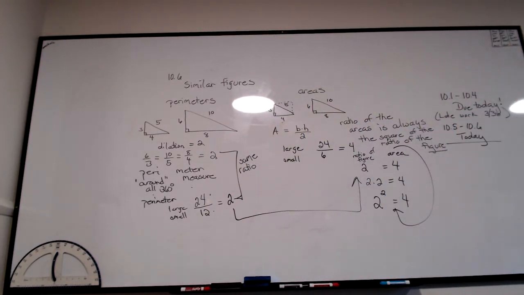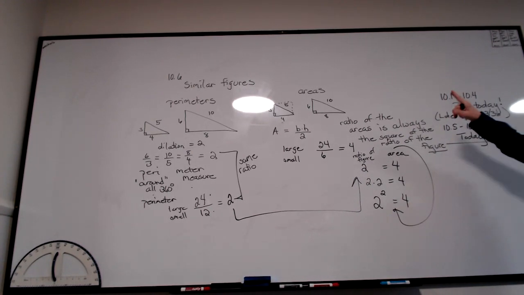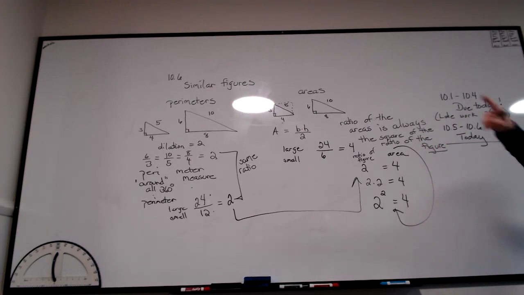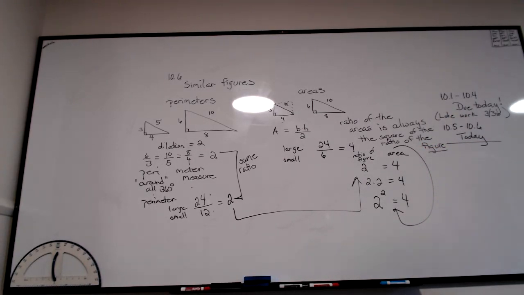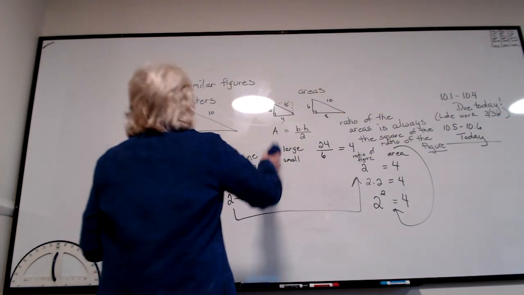We're trying to find out how many little squares are inside. When we make the size bigger, we're going to actually have to square that. So that's why the ratio is always squared. So the areas of similar figures are always the square of the ratio of the original figures. Okay? So that's something that you can use when you're going through it. That's something that you're going to look at in this section.